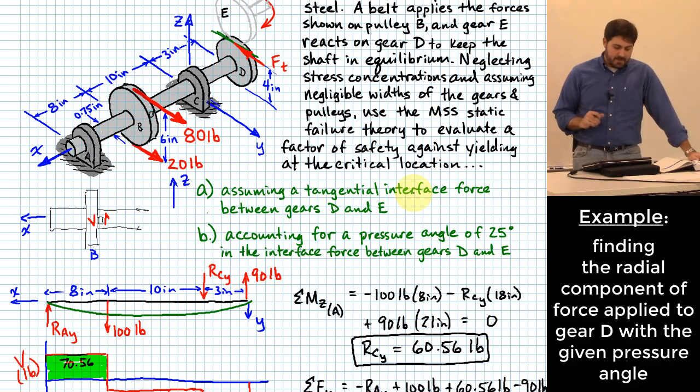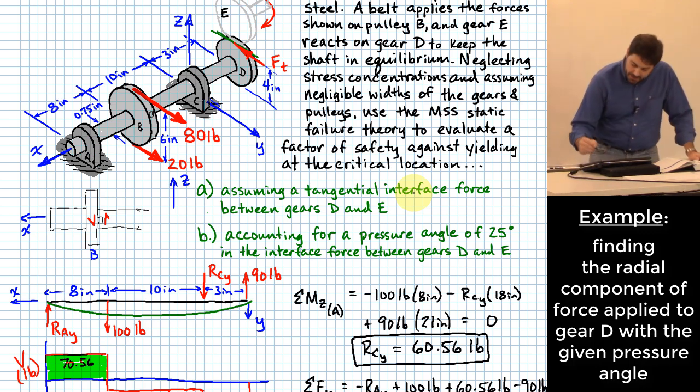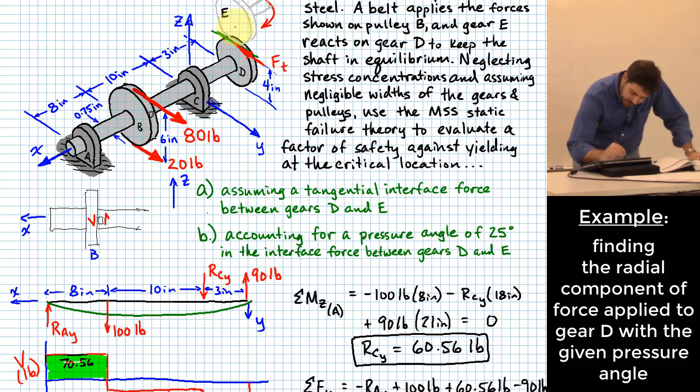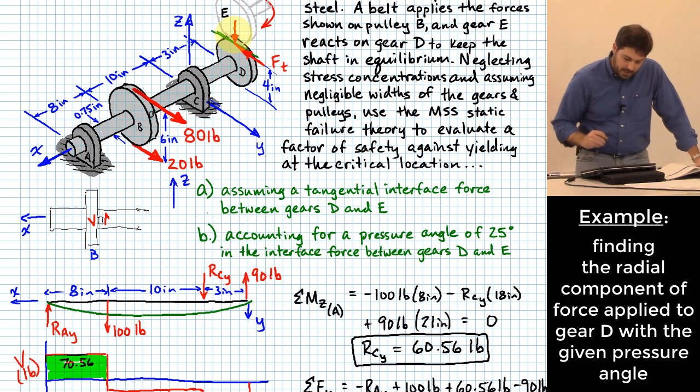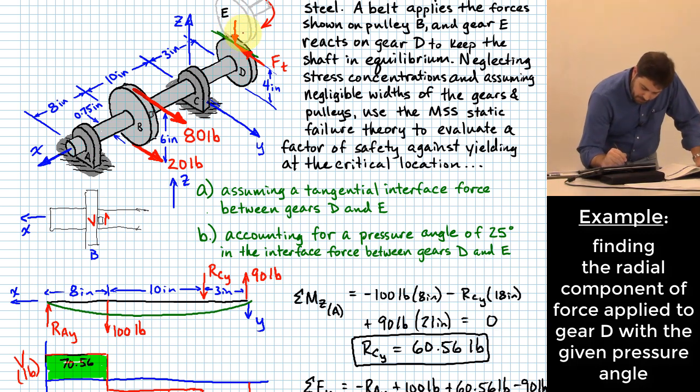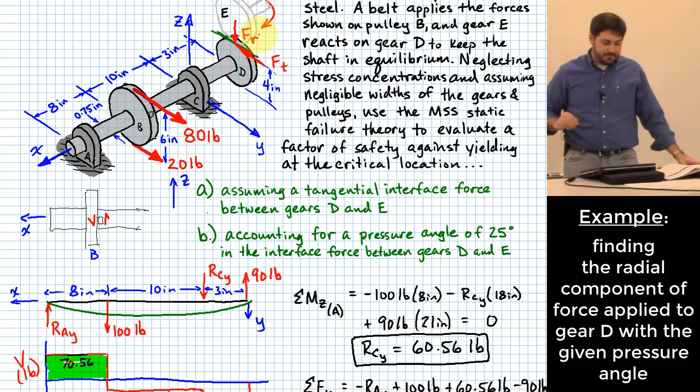Okay, let me show you what happens. I now need to also think of a force acting this way, and I'm going to call that one FR. How can I tell the value of FR?